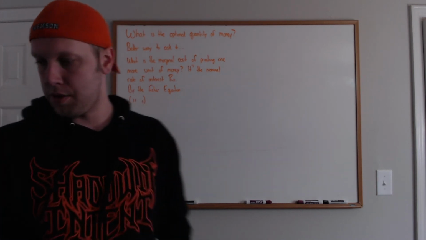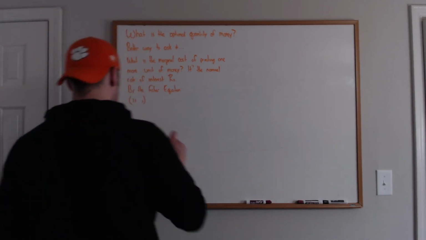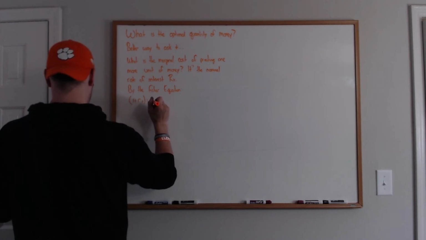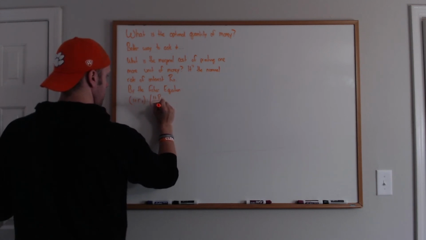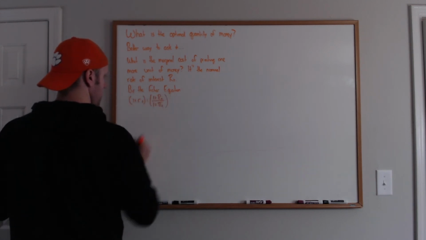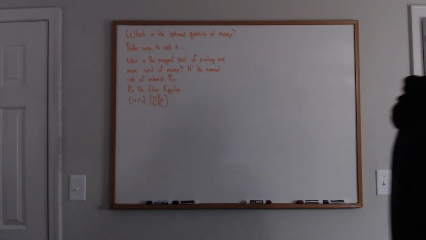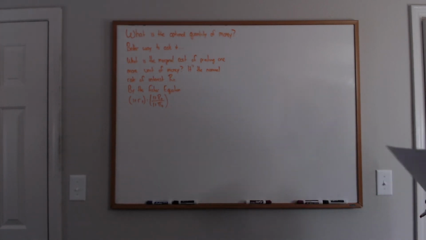I'll make sure I get it just right, because it would be disastrous if I did not. This right here. So 1 plus the nominal rate divided by 1 plus the rate of inflation is equal to 1 plus the real rate.